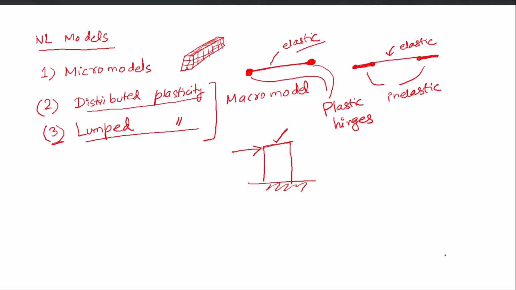So therefore, if you are using the concentrated or lumped plasticity approach, the second option, you must have two plastic hinges at both ends, which accounts for the nonlinear action at these two points, or you should have the distributed plasticity component at both ends, while the part which is in between can remain elastic because it will have lower bending moments, and resultingly the action will remain in the elastic range of response.